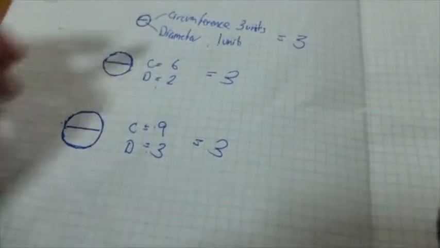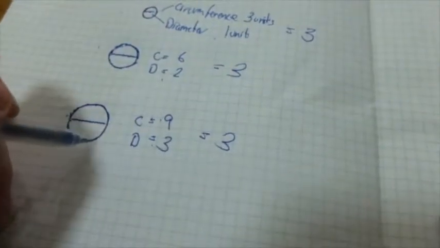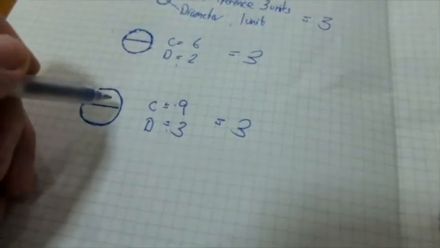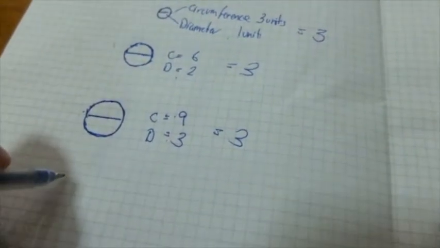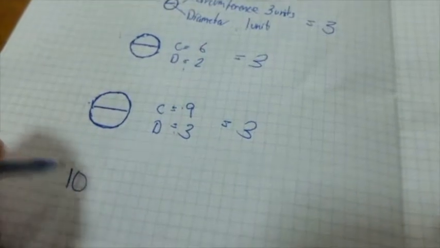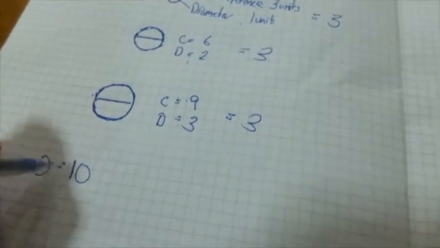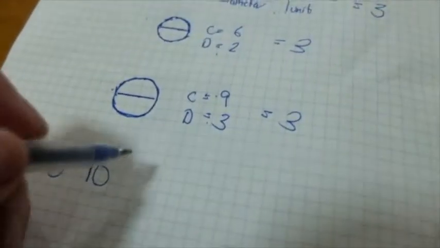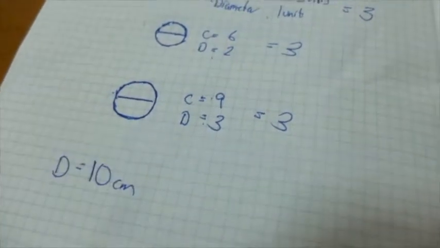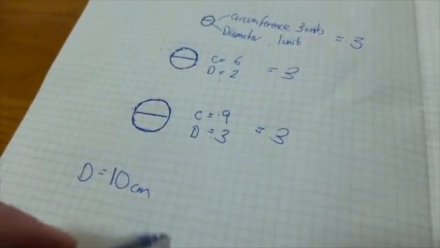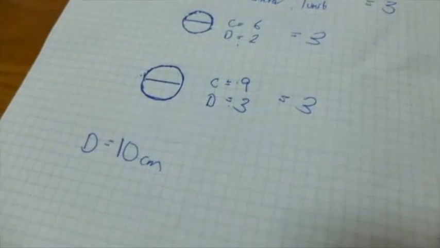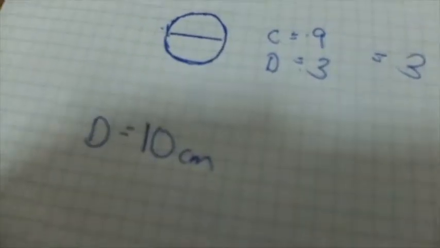So we're going to try and be a little bit more accurate with our measurement of the circumference. I'm going to draw a circle with a diameter of 10 centimeters, and then put the circumference around it with a more accurate tool.